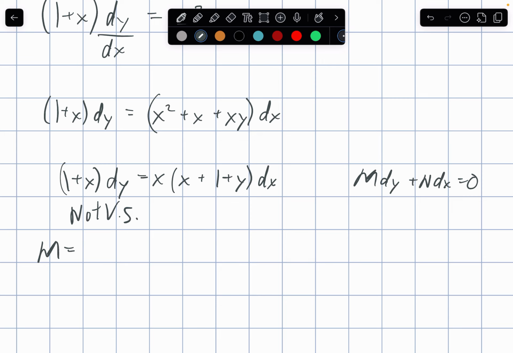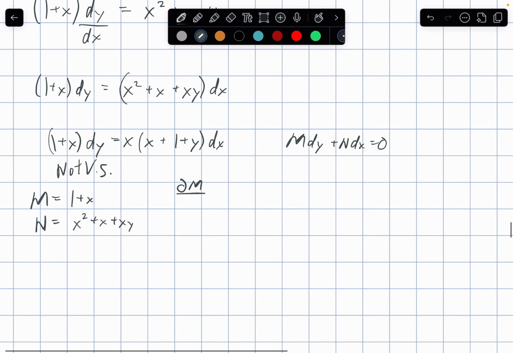So M is this, and N is this one, x squared plus xy. And we want to find the derivative. If you test for exactness, you know that it is exact if partial M over partial y is equal to partial N over partial x.